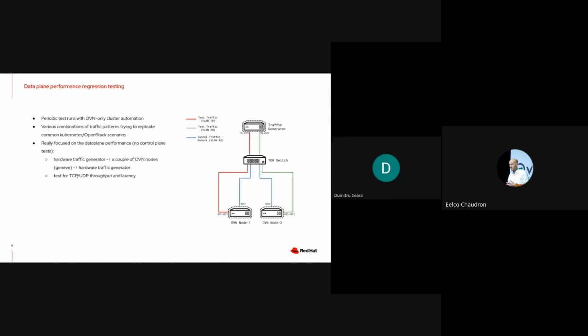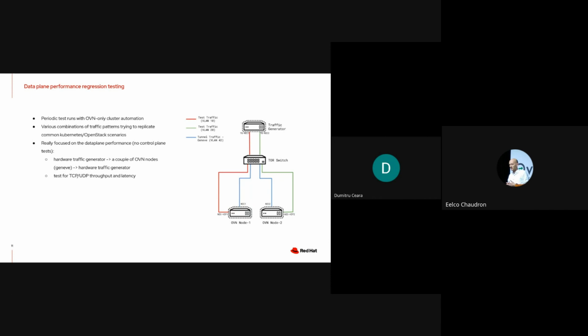Another type of testing we do for OVN is data plane performance testing. We do that in order to detect regressions in the data plane throughput and latency, or connections per second rate. What we do is run tests periodically with OVN-only clusters.